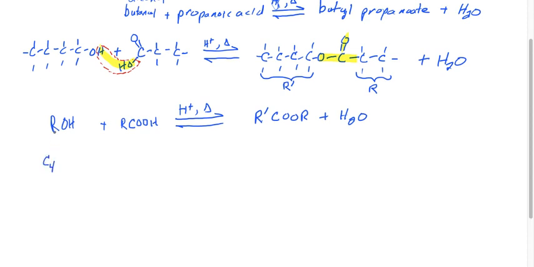We've got 2, 4, 6, 8, and 1 more is 9. So that gives us 9 hydrogens, and then we have our hydroxyl group on the end. We've already talked about that, so that should not be anything new. And then right here we have the COOH.